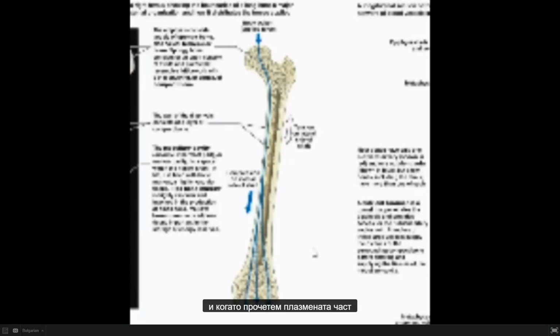And when you read the plasma part of the books of Mr. Kesh, then everything matches. So the last picture of this screen just shows how the vessels are spread.